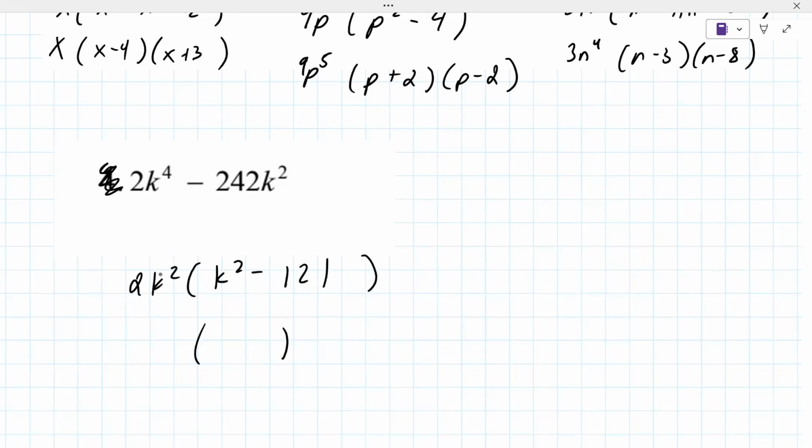Yeah, then this is a difference of squares, so that would be 2k squared, k squared minus 11 squared. That would be 2k squared, k plus 11.